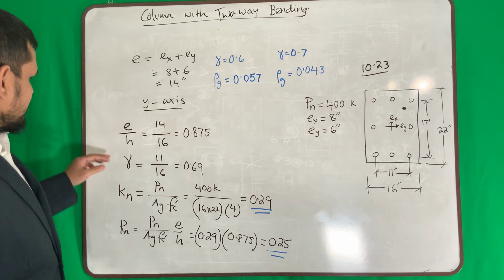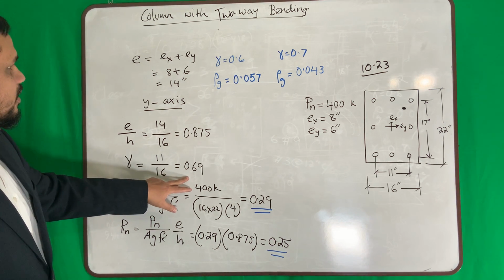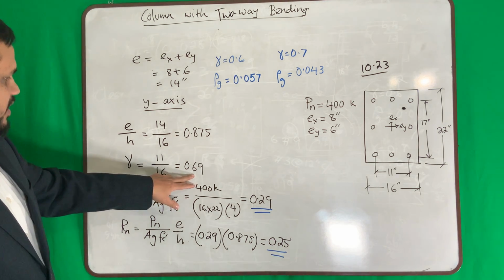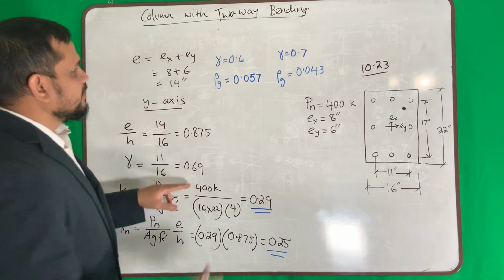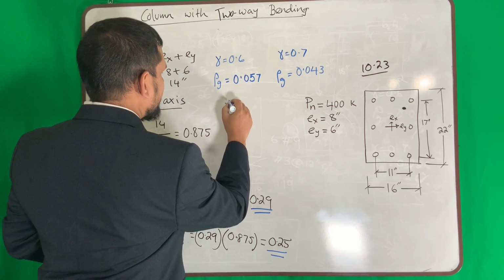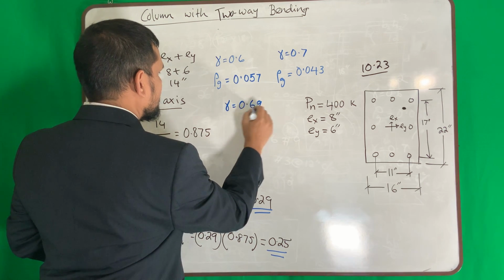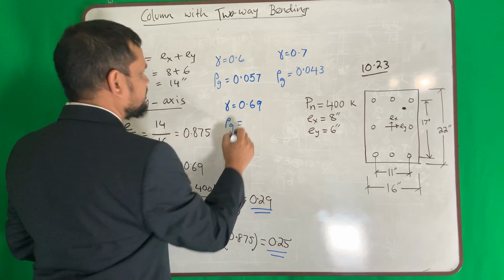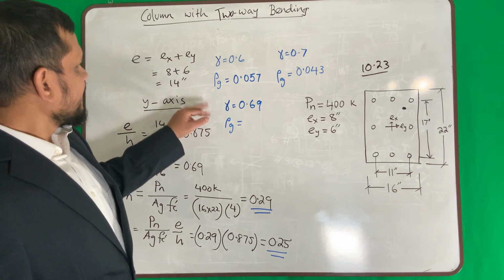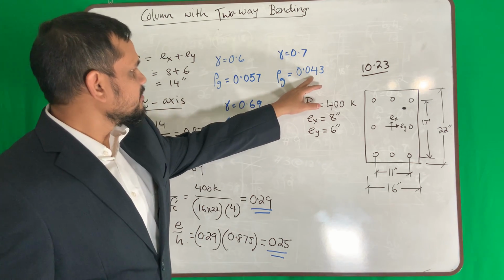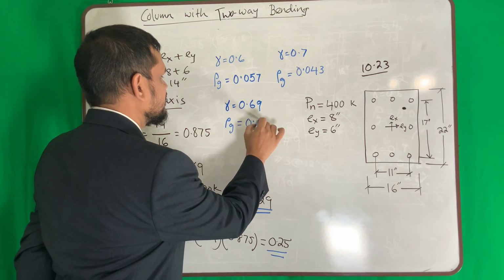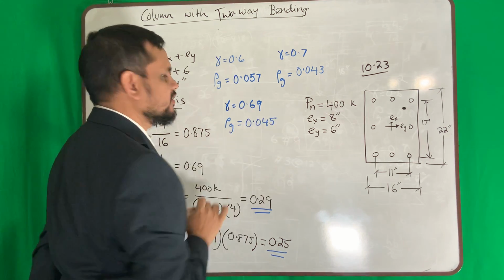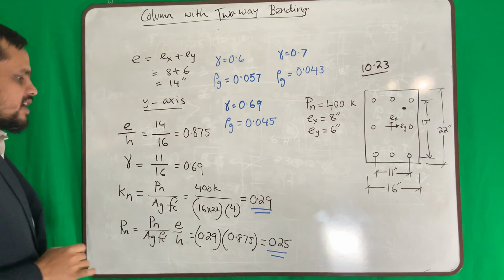Okay, what is my gamma? My gamma is 0.69, almost 0.7. So if I interpolate, when my gamma is 0.69, my rho g can be slightly more than this. That means say 0.045 is a good number based on this interpolation.